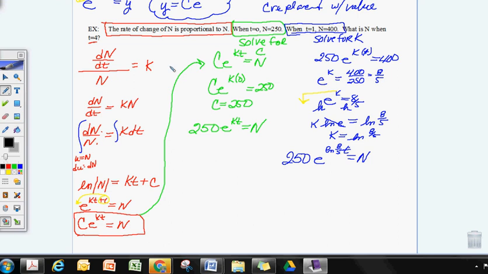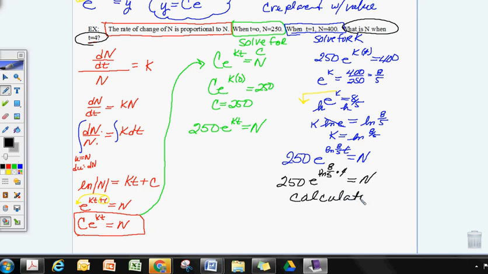And finally, it wants me to solve: what is N when t is 4? 250 e raised to the natural log of 8/5, and then I take that value times 4, and that equals N. And I grab my calculator, and when I put it in my calculator, it turns out to be 1,638.4.